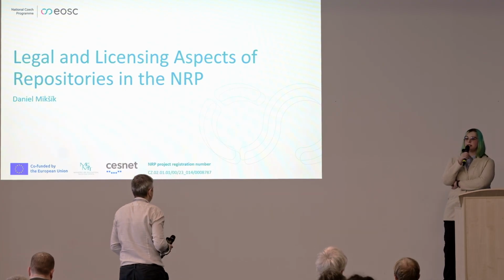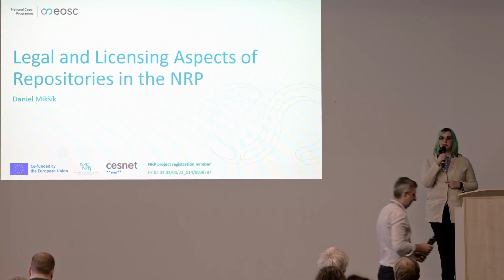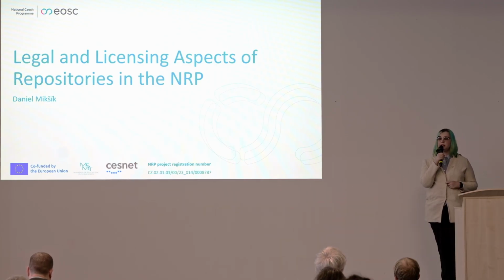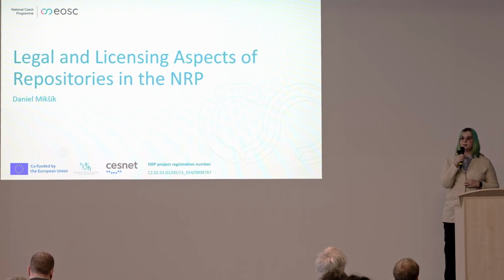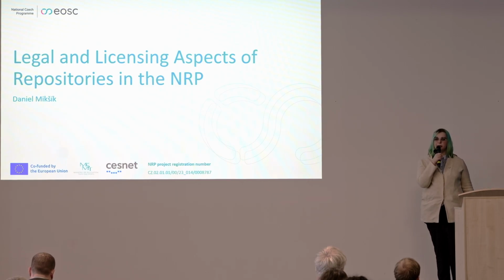I would say that all the repositories plan to adopt ROR in some way, but currently there is a thing that we are trying to solve. For example, for the Czech Academy of Sciences, there is no problem with the granularity because each institute of the academy is its own separate thing.